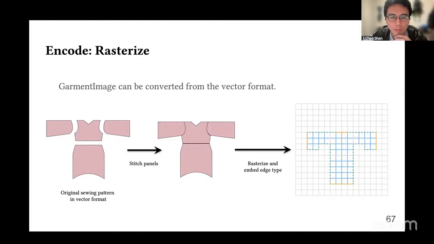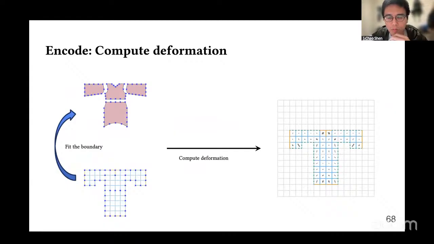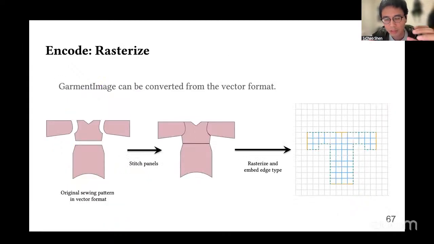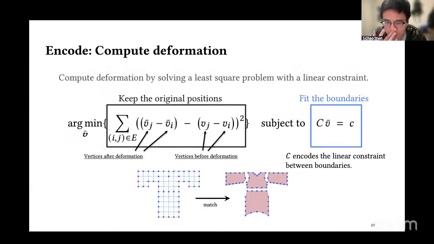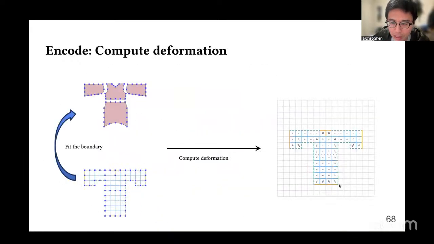The most important part is that after we put them into a grid and get an edge type from the original sewing pattern, we fit the boundary to the original shape by computing the deformation. So we're basically solving this small optimization problem so that we can obtain the local deformation of each grid.